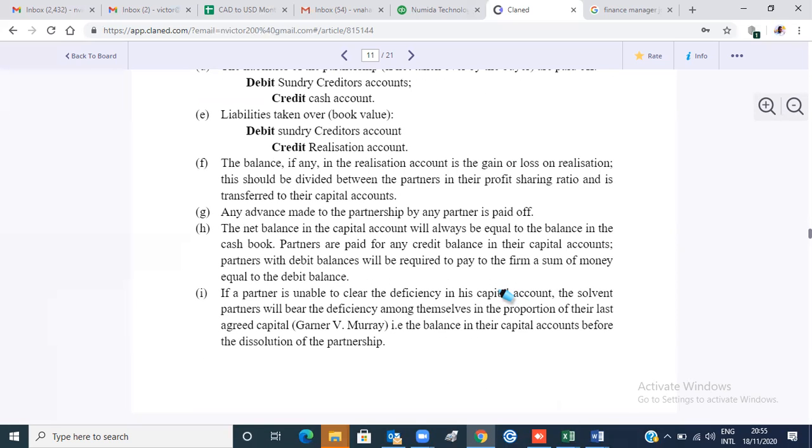Of the partnership. We can have instances where the partnership is not able to discharge the liabilities. You sell all the assets, you take over all the liabilities, but you still can't finish them. Then it means that the partners are going to have to do what? To share that deficiency in their profit sharing ratios.